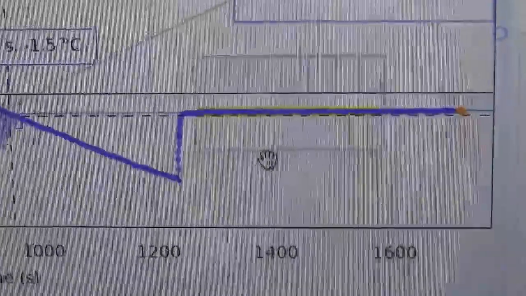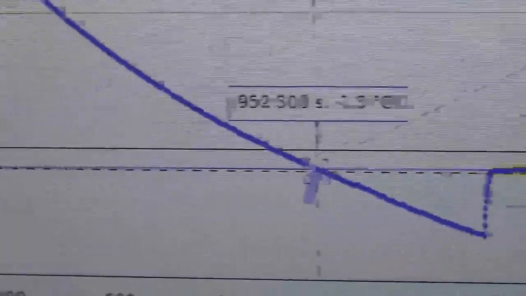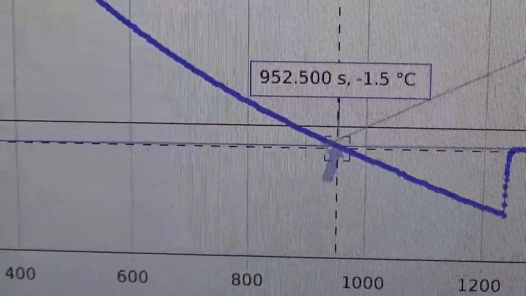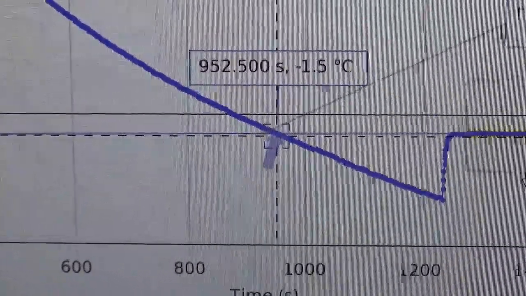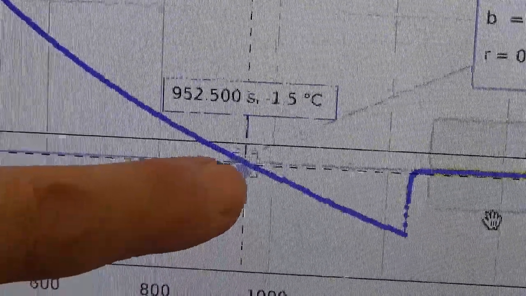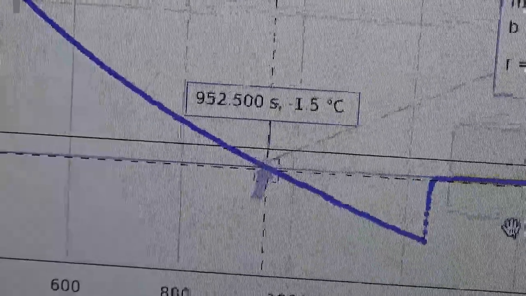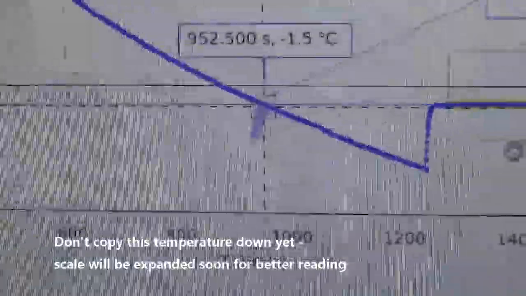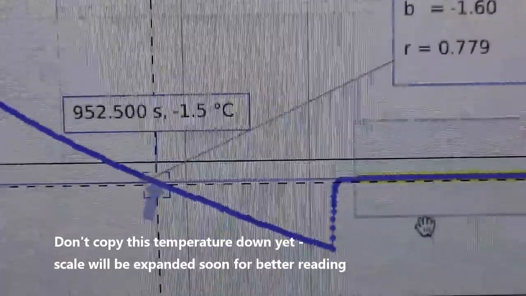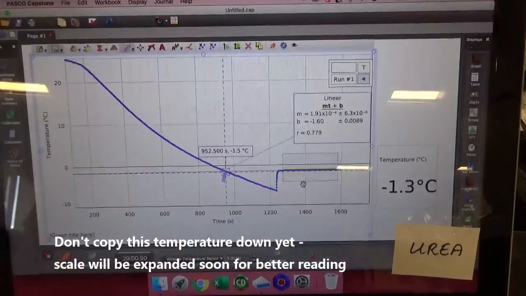So as you see, what I've done here is I've taken the points in this box, extrapolated them back, fitted them to a line, extrapolated them back to the freezing point curve, and found that point right there where that extrapolated line intersects the freezing curve. And it looks like I have a negative 1.5 degrees C as the freezing point of this urea solution.